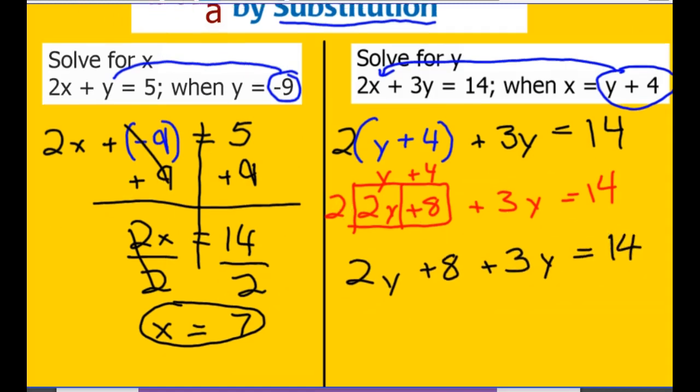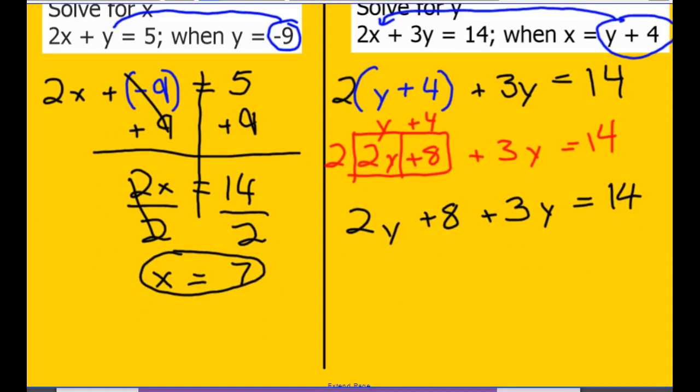Now, we have two y terms on one side, which means we have to combine them. So 2y plus 3y gives us 5y plus 8 equals 14. Now we're still trying to get y by itself, so we need to subtract 8 and subtract 8.